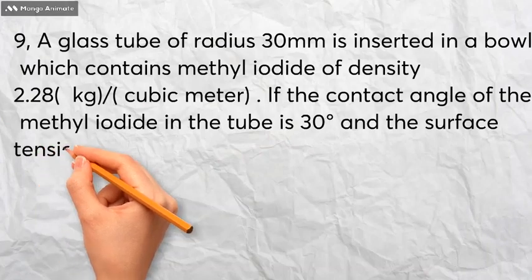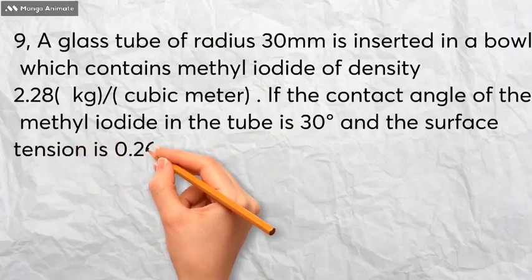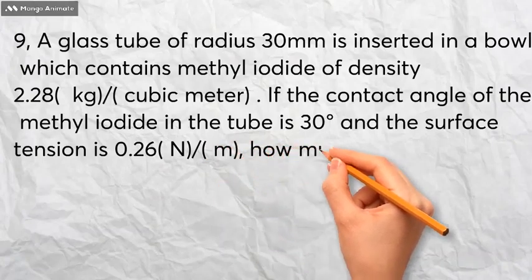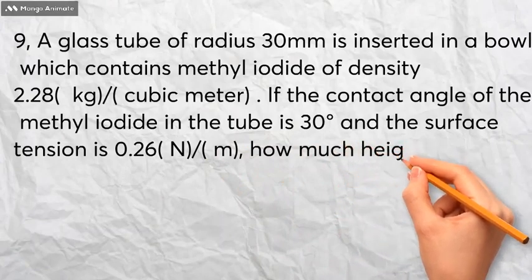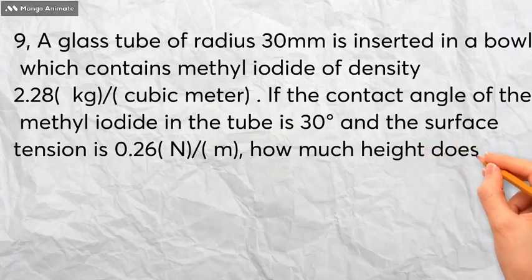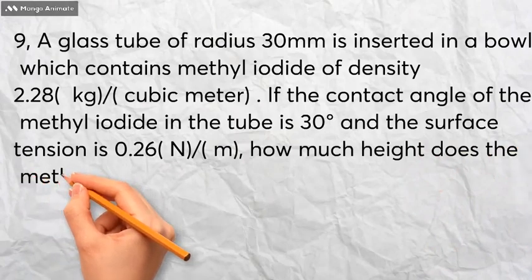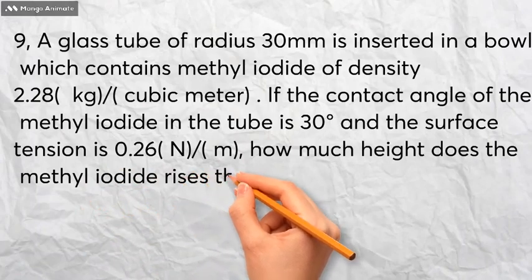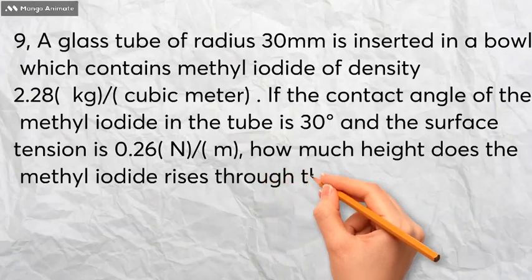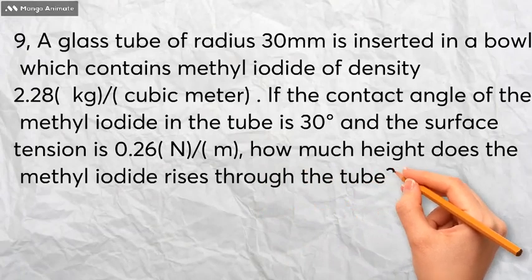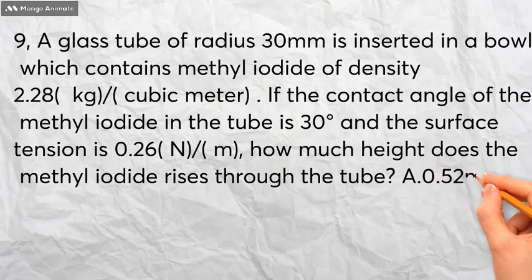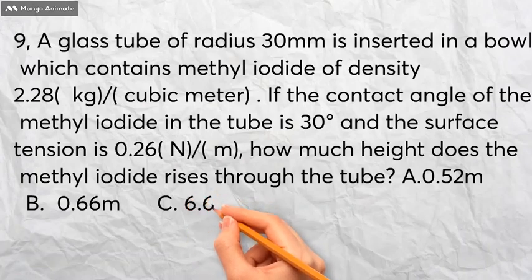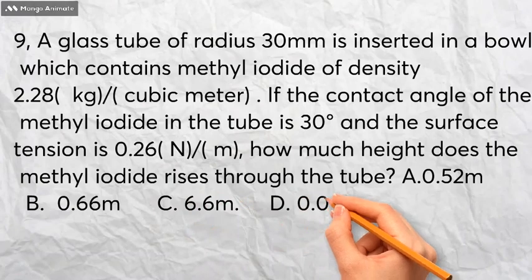Cos 30 degrees is almost equal to 0.866. h equals 2 times 0.26 times 0.866 over 2280 times 9.8 times 0.03, which is about 0.066 m. Correct answer D, 0.066 m.